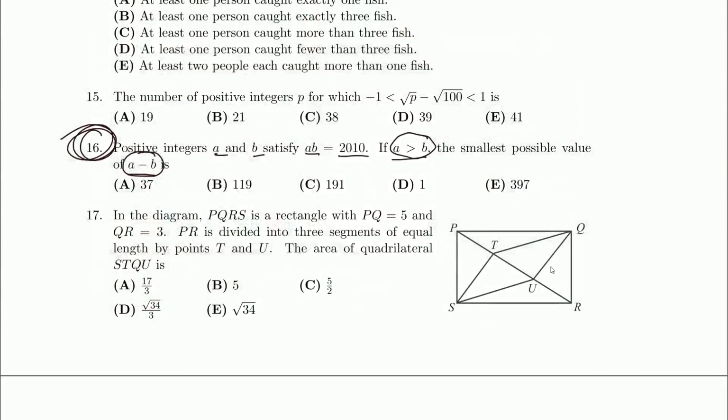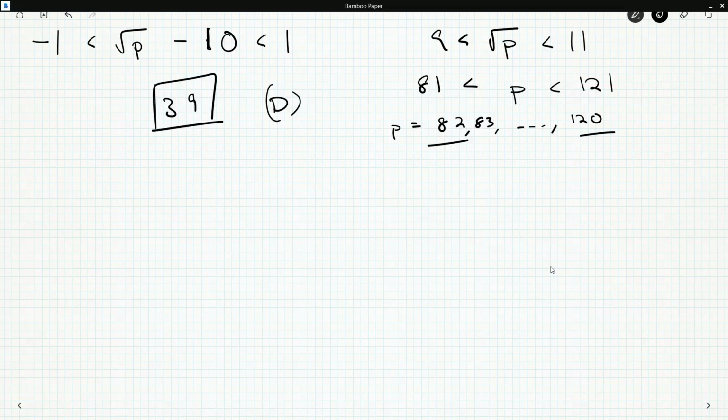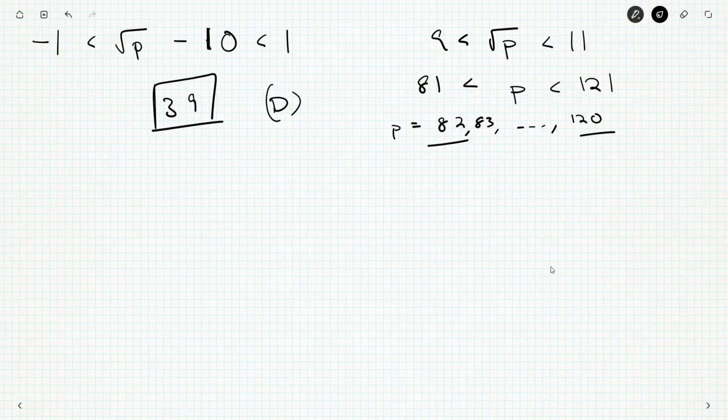But we need to start listing out the factors of 2010. Okay? Is there a fast way to do this? I guess maybe going with primes. So 2010, there we go.